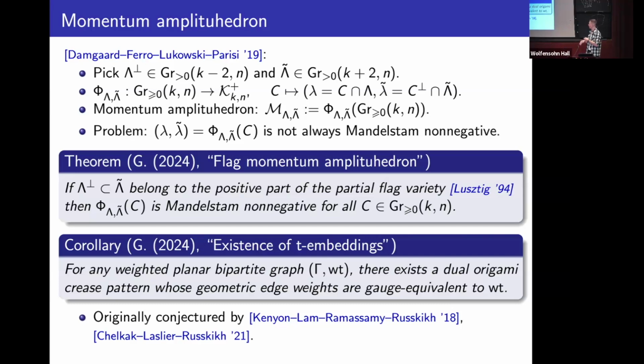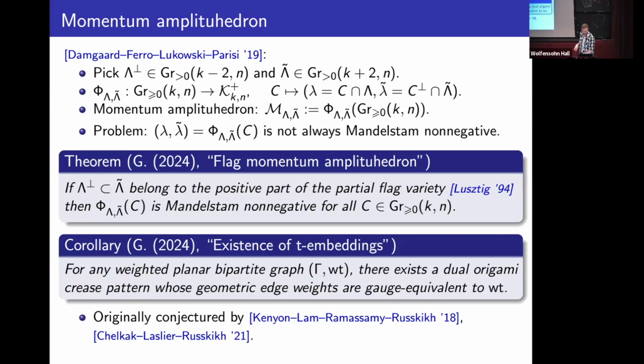Outside of a few special cases, you want to show existence, and for any kind of bipartite graph with edge weights given in advance. And so that was their problem. And then it becomes a very simple corollary of this amplituhedron story if you apply the bijection with origami crease patterns. And so this is all very nice and natural.